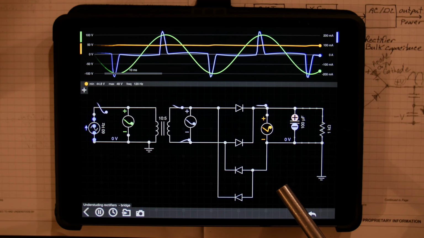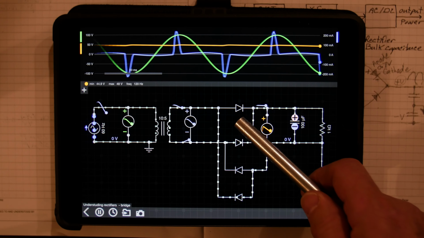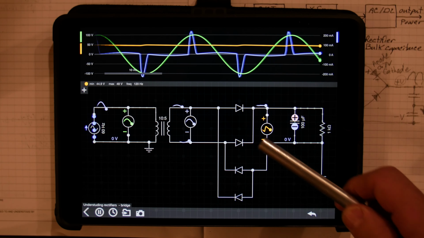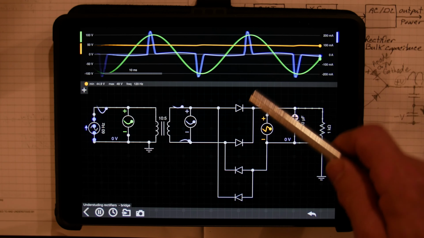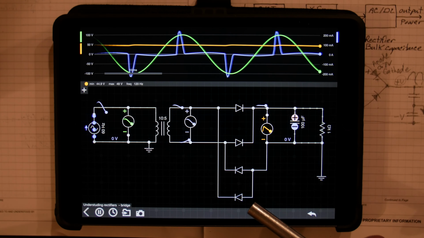Hope that helps with understanding that and selecting these diodes for these high currents, because you're just charging during a small part of the waveform. So the average current is much lower than these peak pulses.